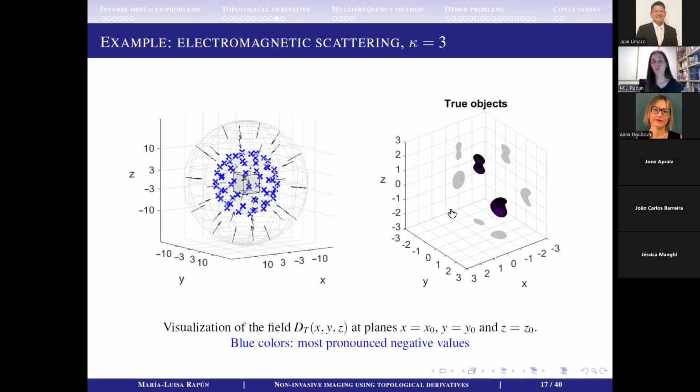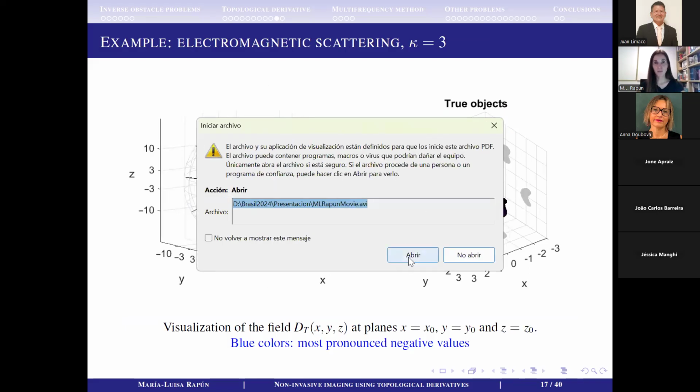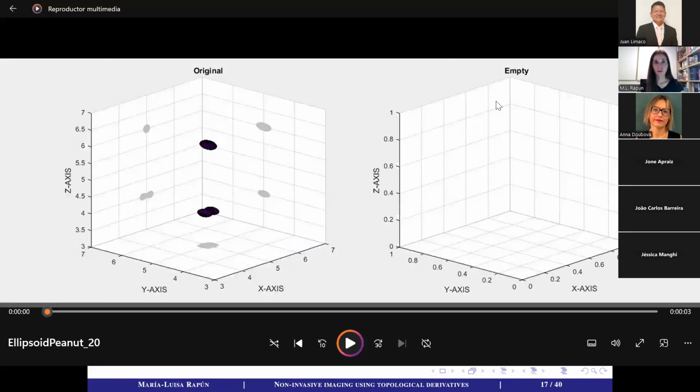So I'm going to show you now a picture where I'm going to visualize the values of the topological derivative at different planes. Some planes of the form x equal constant, y equal constant, and z equal constant. And as before, the largest negative values will correspond with the regions which are identified as belonging to some object. Okay, so let me open the window, the movie.